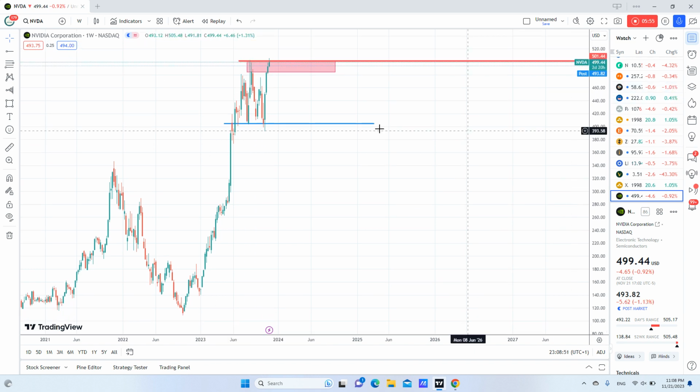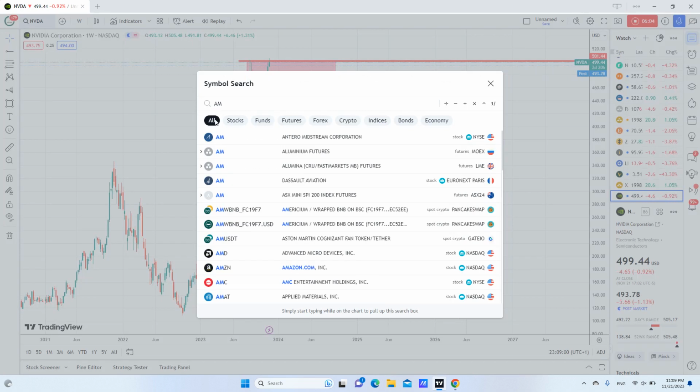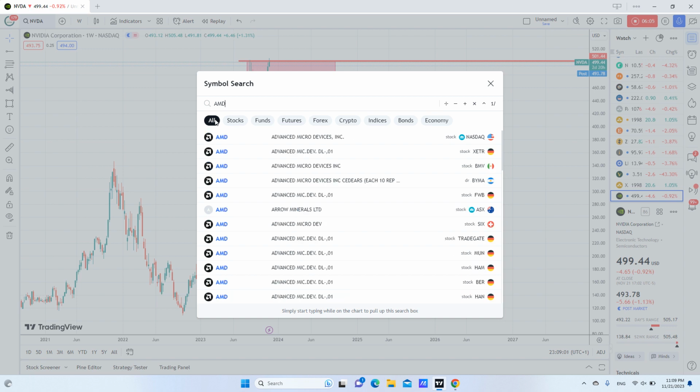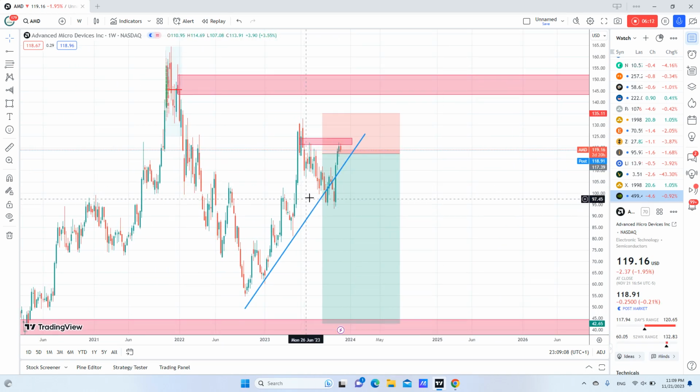In NVIDIA stock. The third one is also a semiconductor company, AMD, and I am also expecting it to go down, which is also against fundamentals. That's why I said all of these trades for today are against fundamentals.